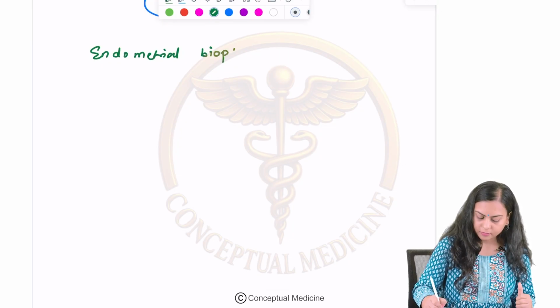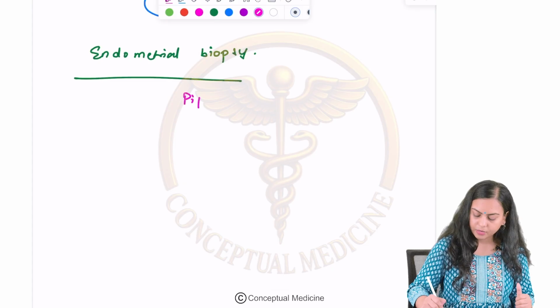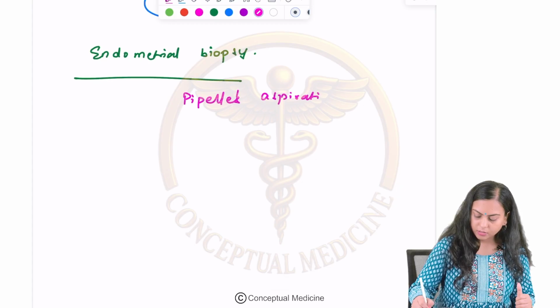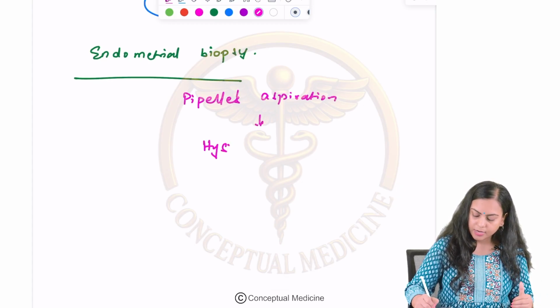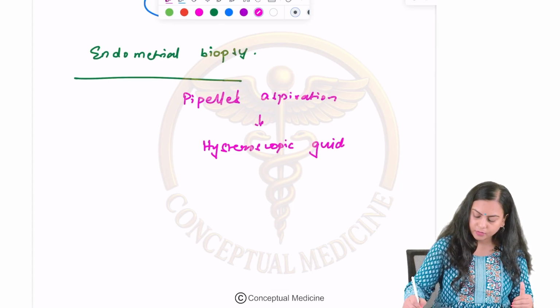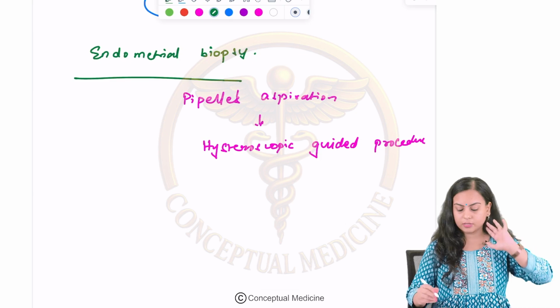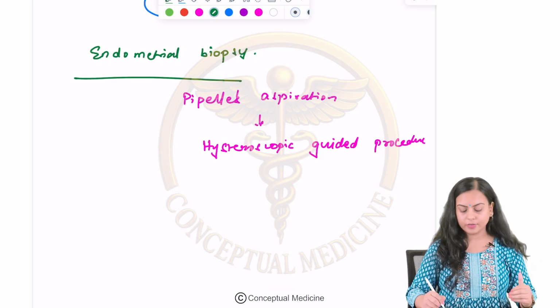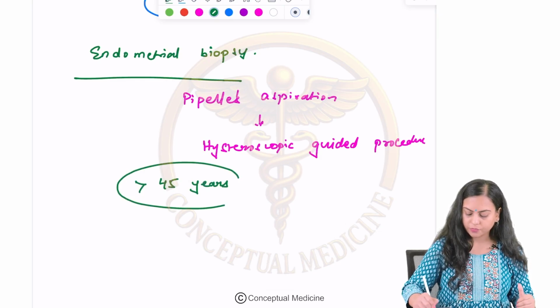And finally, endometrial biopsy can be offered by a Pipelle aspiration. It can also be done as a hysteroscopic guided procedure. Okay, and remember, this is considered to be the first line of investigation in more than 45 years of age.